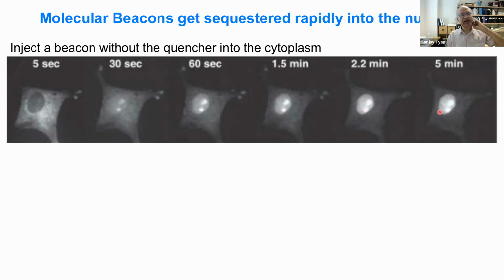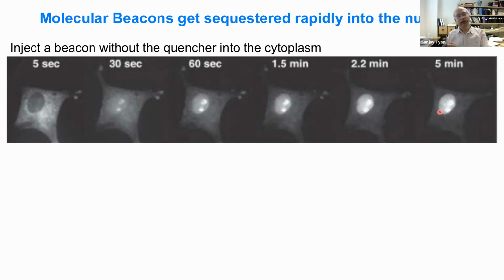And basically, it turns out that other folks in the field had discovered this, and antisense groups who were developing drugs using antisense had seen this kind of phenomenon. And basically, the nucleus has in it a very high capacity to bind to negatively charged DNA.